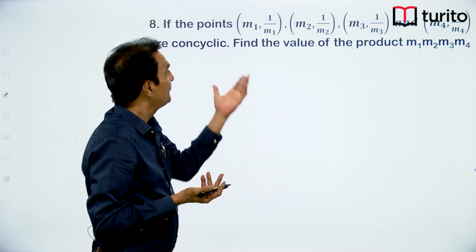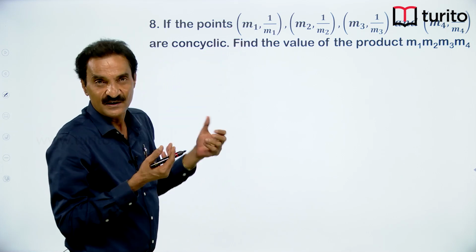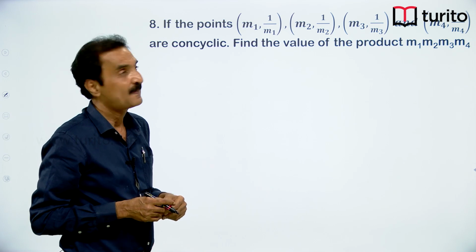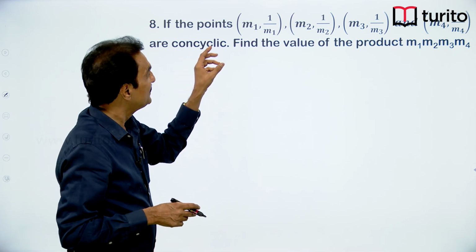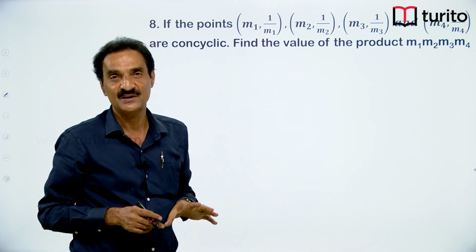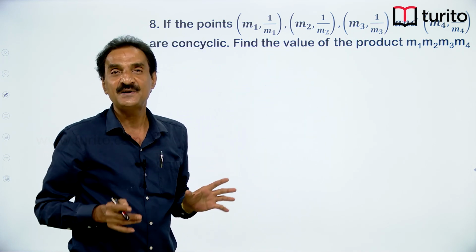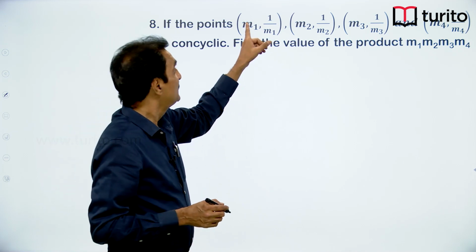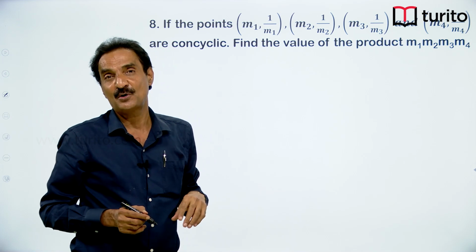But here points are unknown, they are in terms of m. Here that method won't work. But you can notice that all points are similar to each other. Every point is in a particular form. What is that form? A number comma its reciprocal.